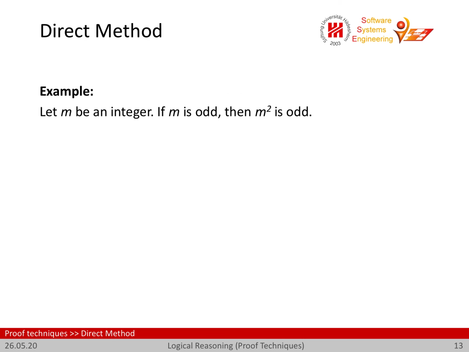Let's make an example. So let m be an integer. If m is odd, then m square is odd. So here you have exactly this implication written in text. If m is odd, then m square is odd. How does the proof work? Well, if m is odd, then from mathematical theory, we know that we can write it in the form m equals 2 times r plus 1. So it's an even number plus 1 for some unknown integer r.